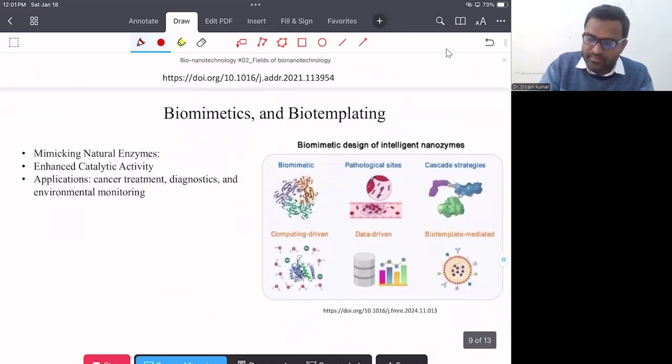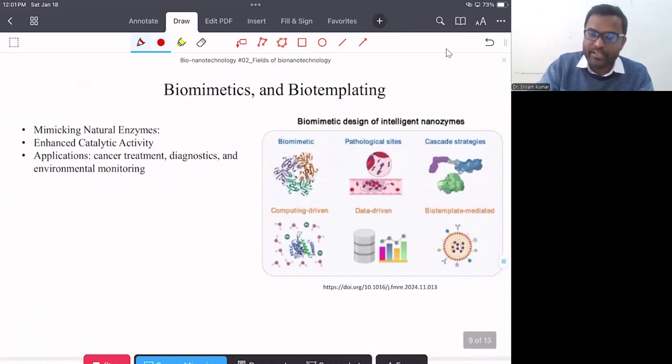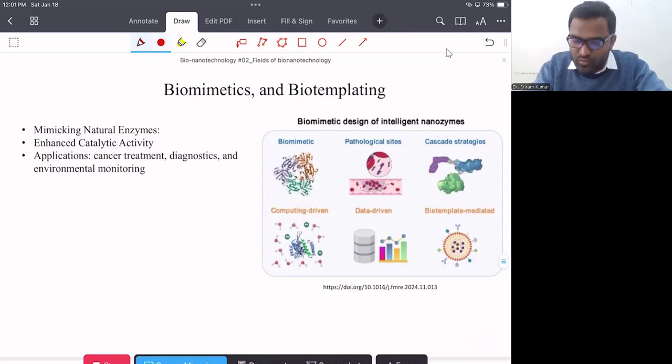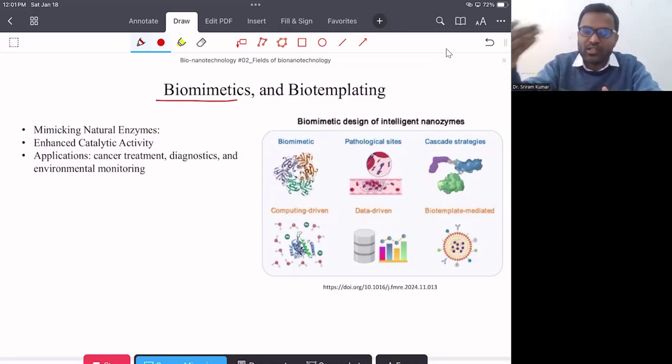And the third area of research in bionanotechnology is biomimetics and biotemplating. So now let's first understand what biomimetic is. Biomimetic means biomimicry. Here we need to develop materials that can mimic the biological entity.